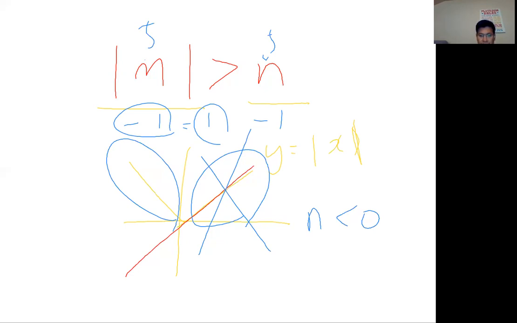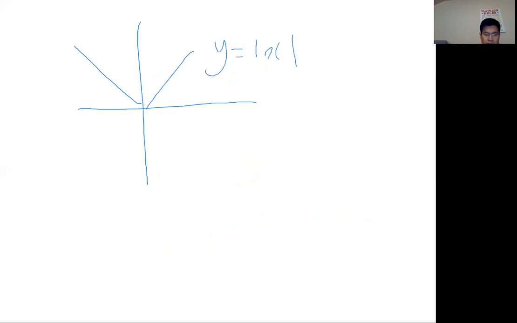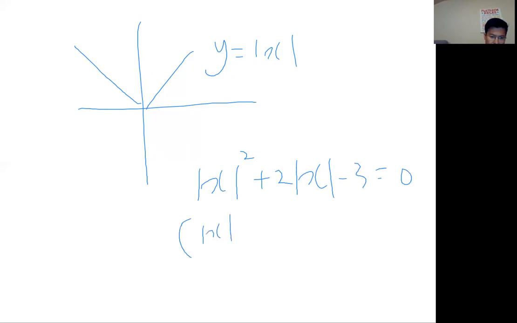Absolute function. The basic graph, as you know, is this y, and you can shift it right and left and whatever. On the given question, it says absolute x squared plus 2 absolute x minus 3 equals 0.